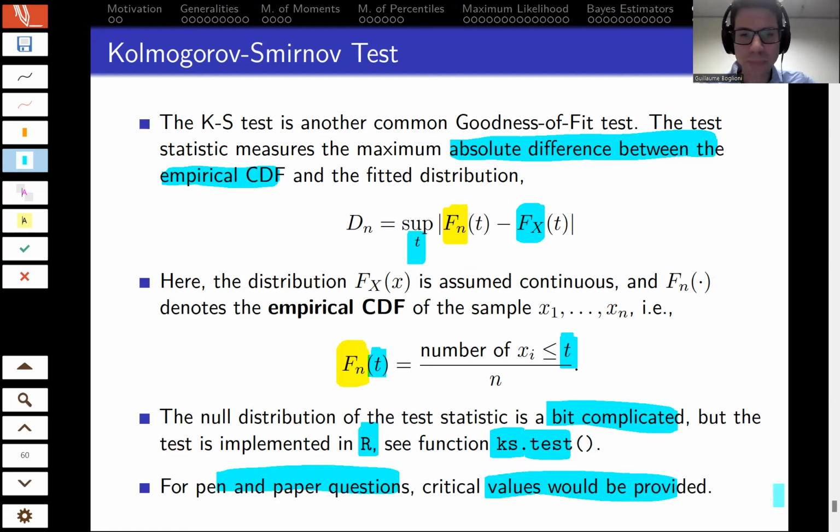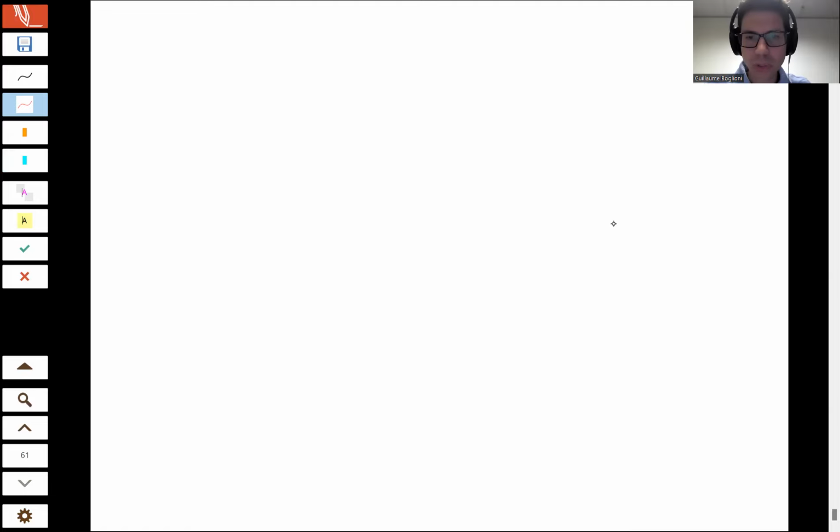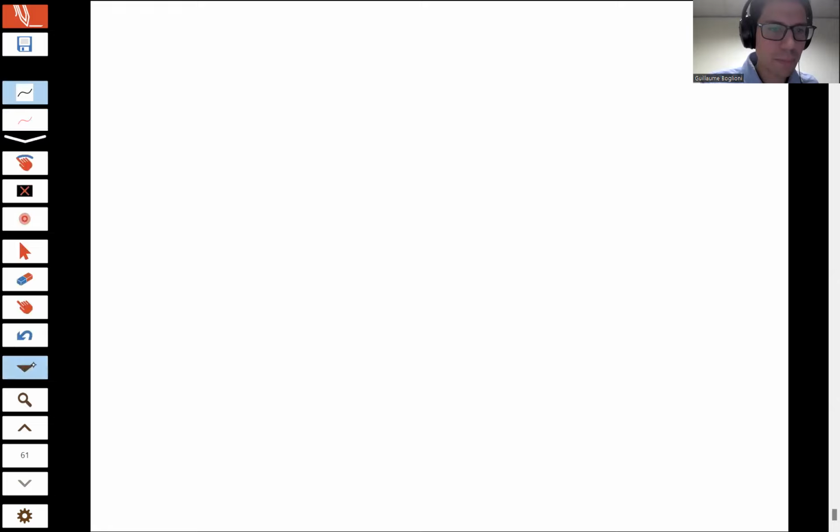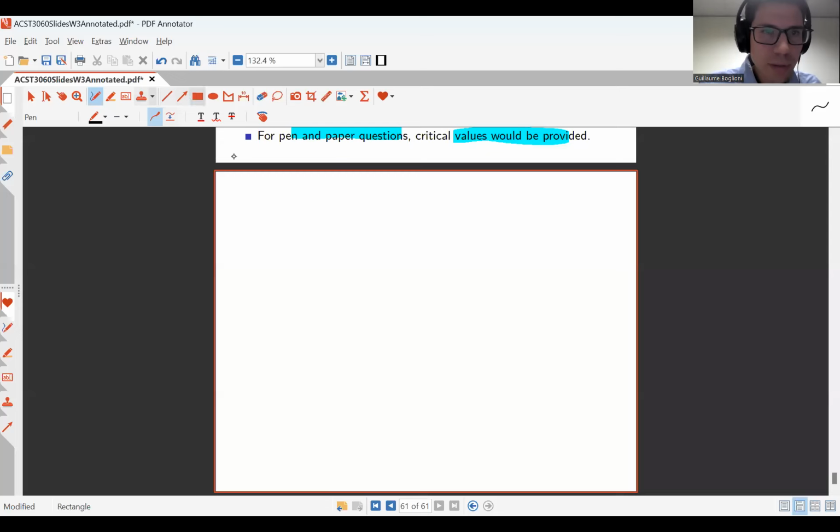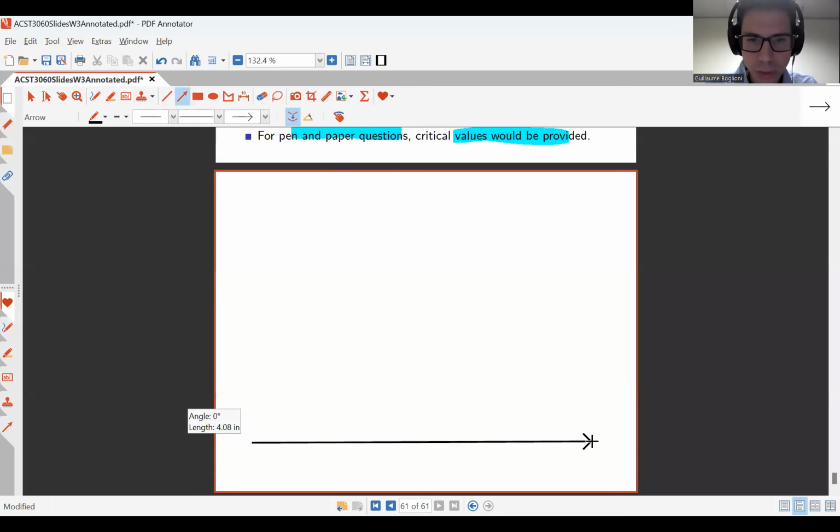But just to illustrate a bit more what this represents, a visual representation would help. Let me just draw something here. On this axis, you're going to put your X values.